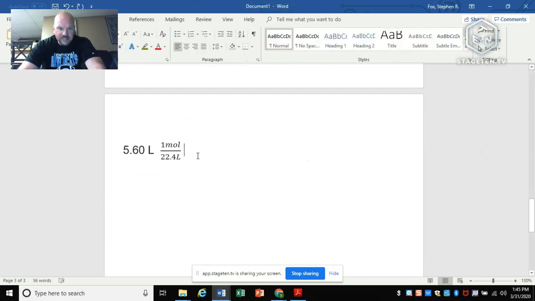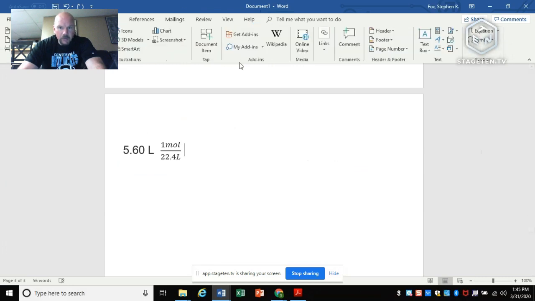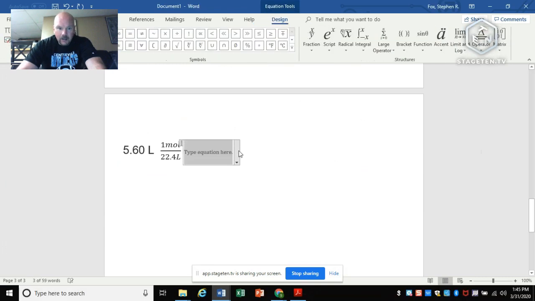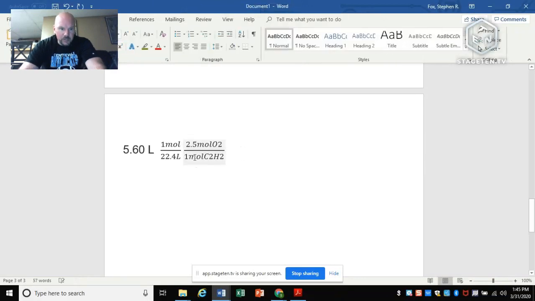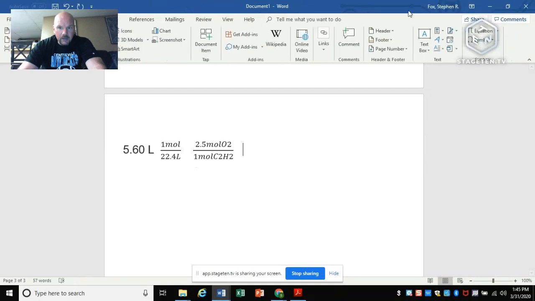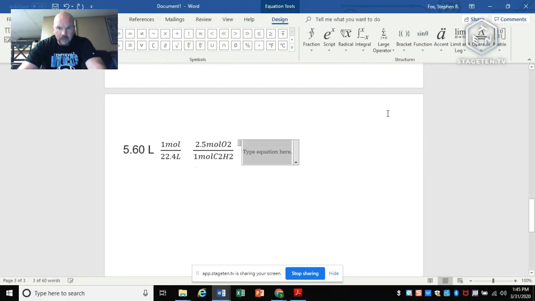That gives you moles of acetylene, and then you multiply by the mole ratio, which is 2.5 moles O2 for every 1 mole of C2H2. That gives you moles of O2, and then you go to your desired units, which were volume. The pressure and temperature didn't change, so you're at STP, so you would do 22.4 liters per every 1 mole.